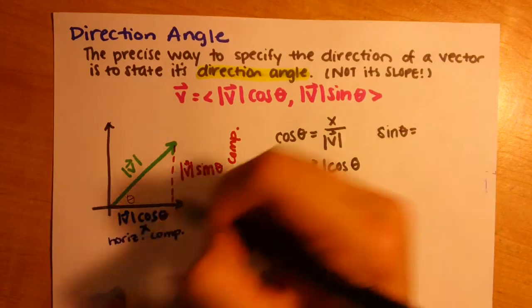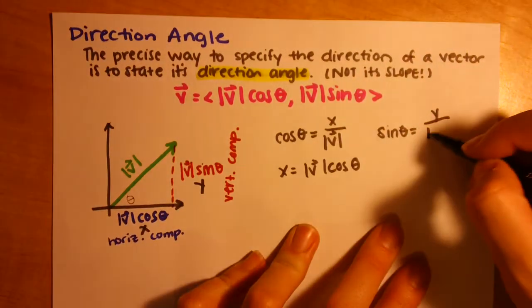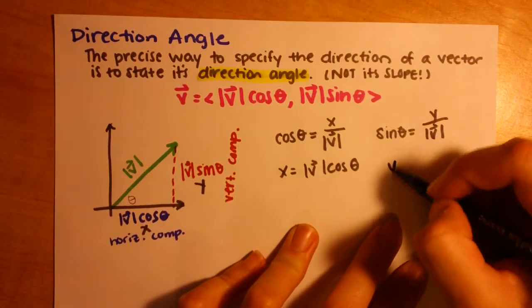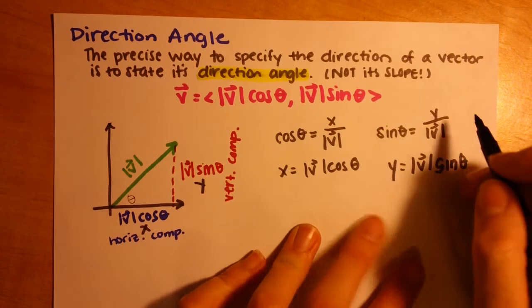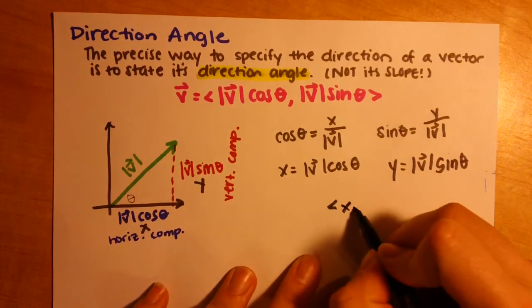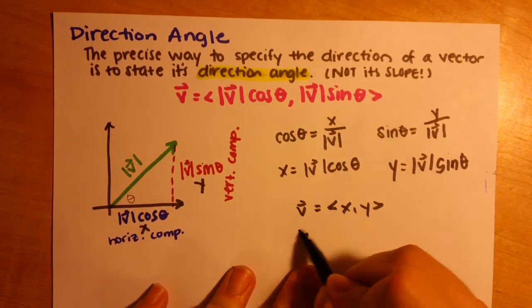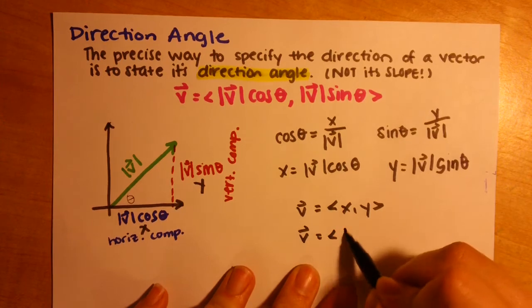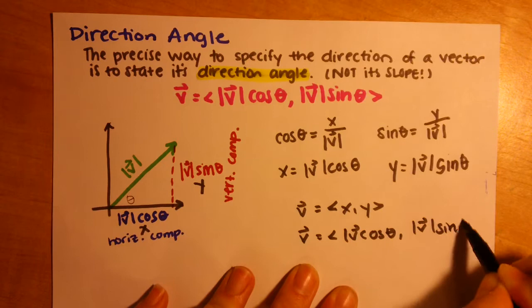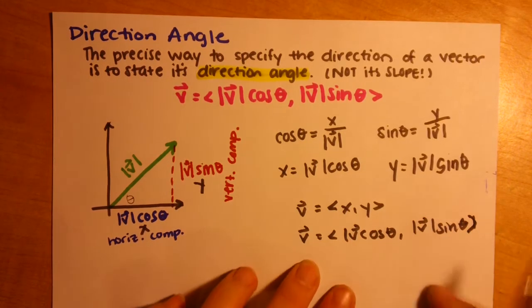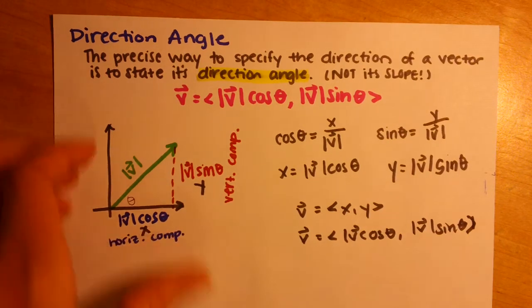Here we had our x, this was our y, so opposite over hypotenuse. And there we have y is the magnitude times the sine of theta. And that's how, if our vector is xy, we get what we have above. Simple enough.